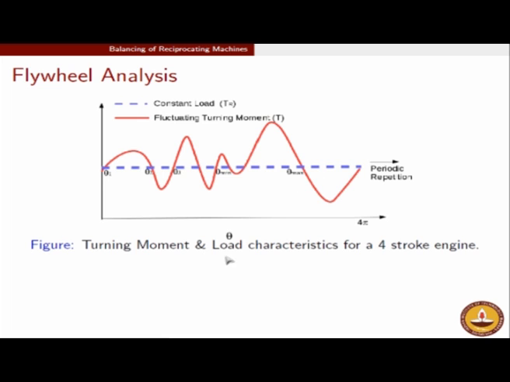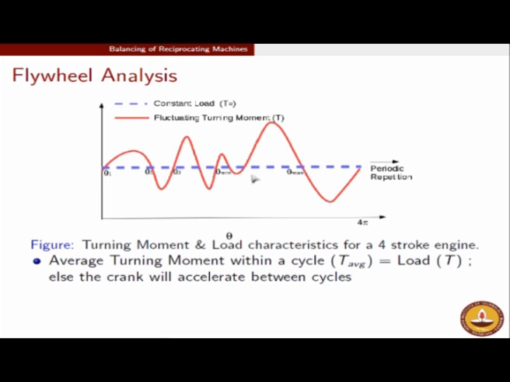So in reality we will have the turning moment and load torque characteristics to be somewhat in this way, where we get to see that the average of the turning moment is going to be equal to the constant load torque, and hence from cycle to cycle there is no change in the angular velocity.